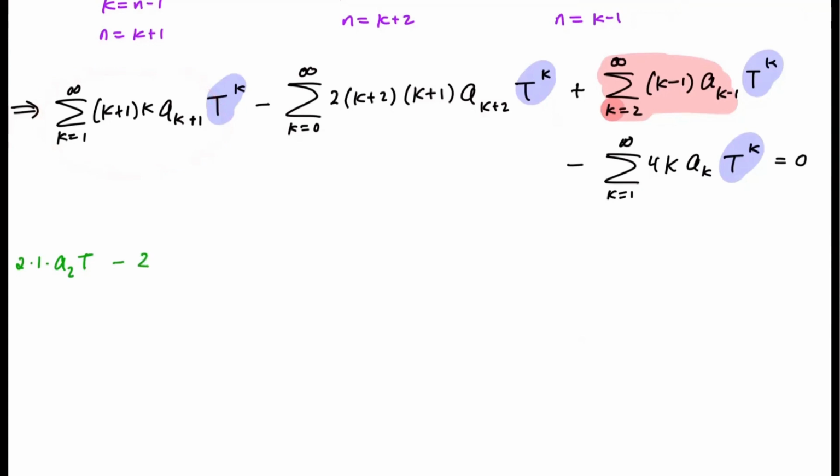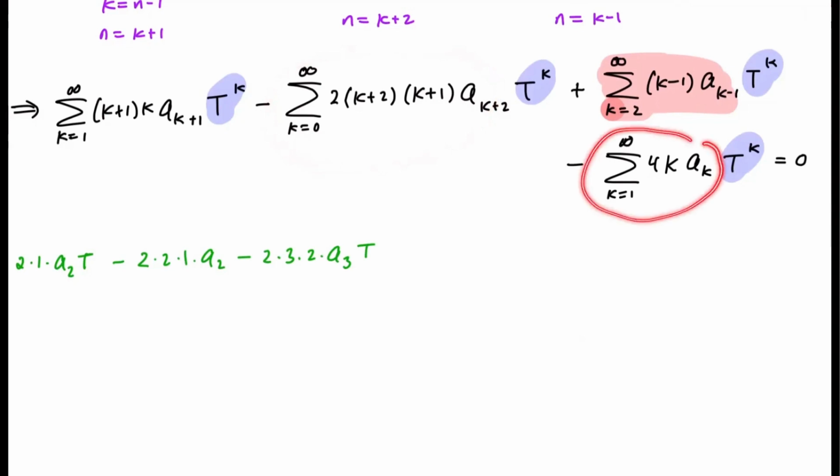So we have minus 2 times 2 times 1, a sub 2 times t to the 0, so that's going to disappear. Minus, now I'm again writing out k equals 1 for this guy. So if k equals 1, you have 2 times 1 plus 2, that's 3, and then 1 plus 1, that's 2, a sub 2 plus 1, that's 3, t to the 1 power, and now this can also start at 2. The third one we don't write out because it's already starting at 2.